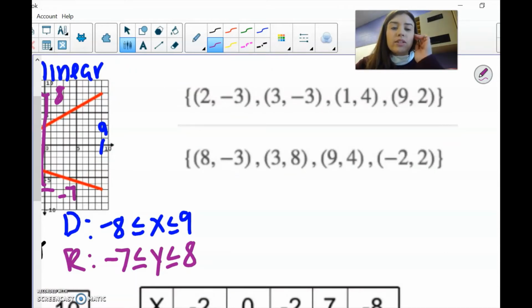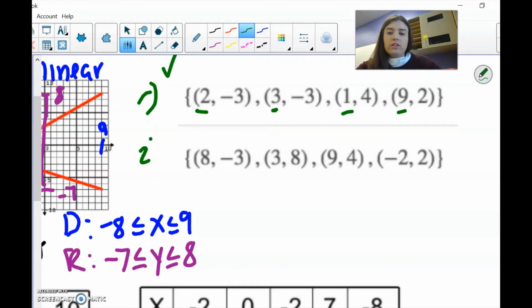So, we have to say if this is a function or not. Remember what we said, every input has to have exactly one output. So if we look at this first section, we have 2, 3, 1, and 9. Each of those are an input and they each have an output, so that is a function.